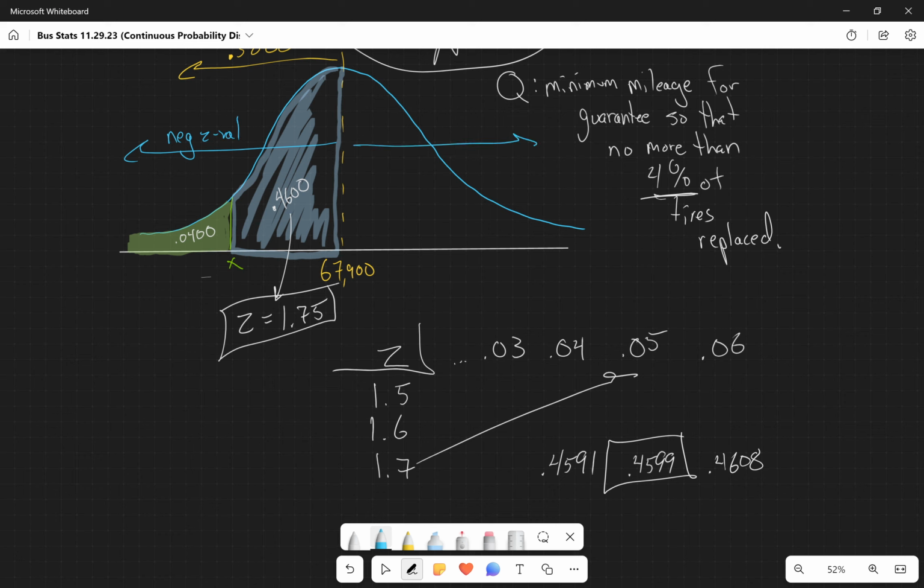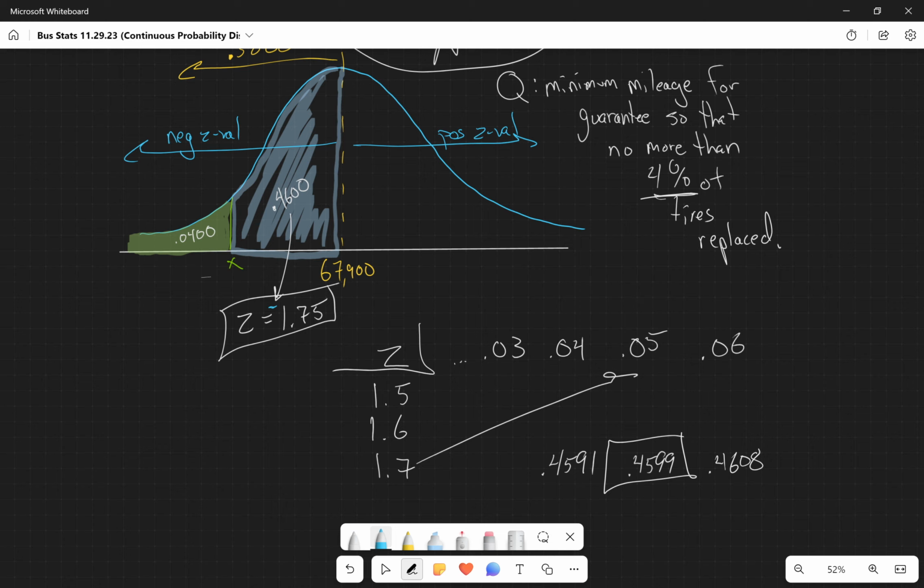And then they're always positive over here. And so since it's to the left of the mean, that tells us that it's going to be a negative z value, right? So instead of being 1.75, it's actually negative 1.75.